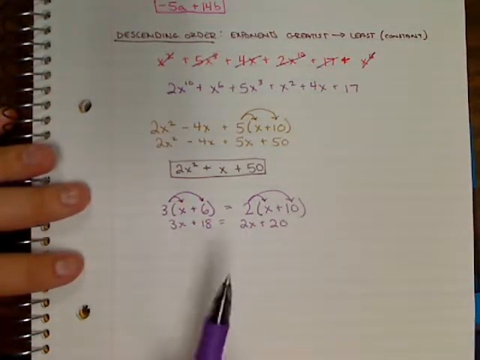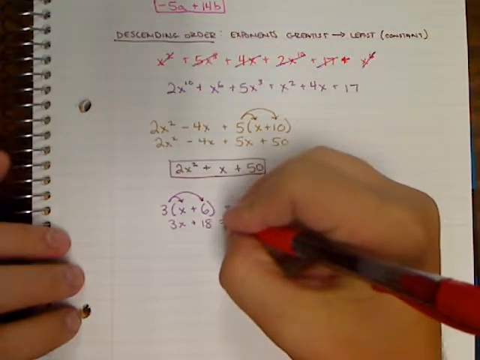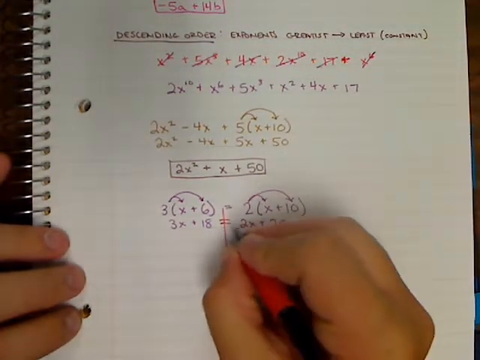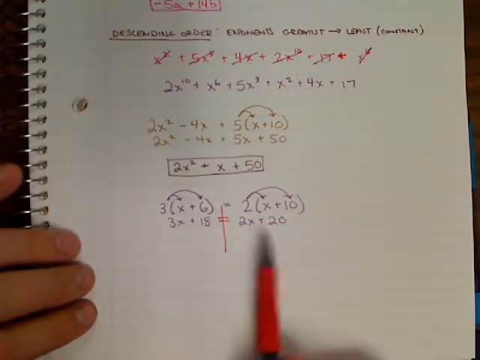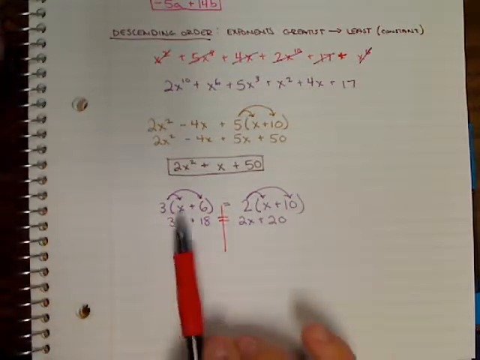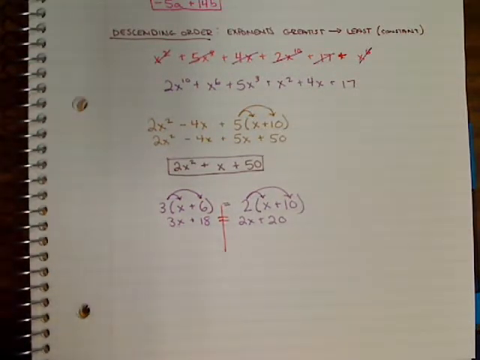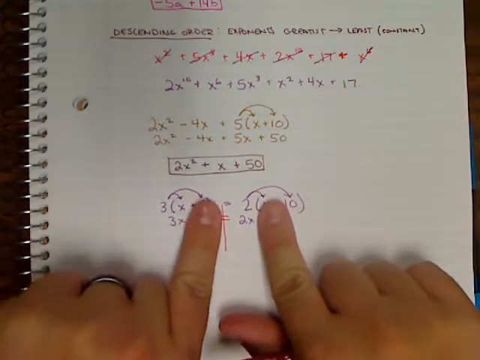Okay. Now, I want to combine like terms. My only problem is they're on separate sides. When you're dealing with an equation, I can't just combine like terms straight across this equal sign. The way that we combine like terms when they're on opposite sides is by doing the opposite of the operation. So if I know I want to combine these x's, I might want to cover up everything else.